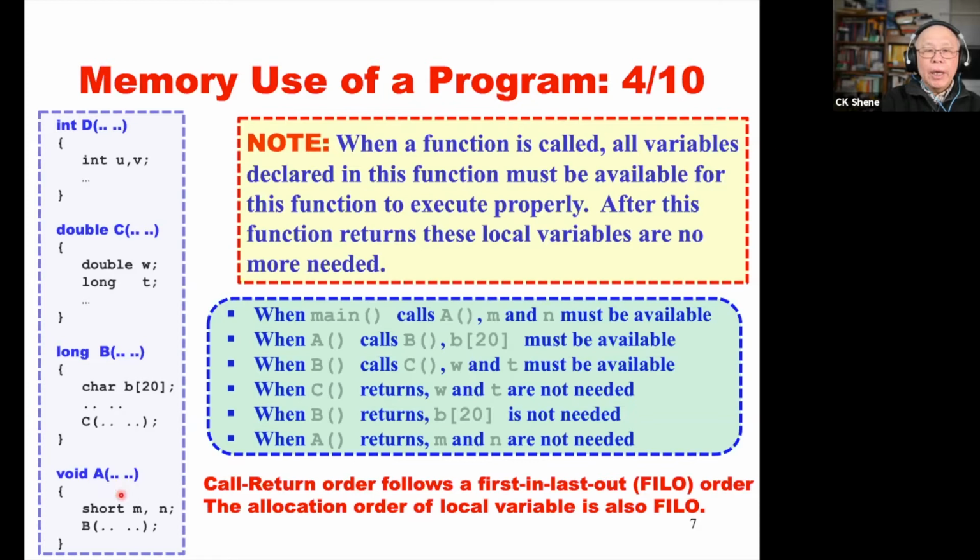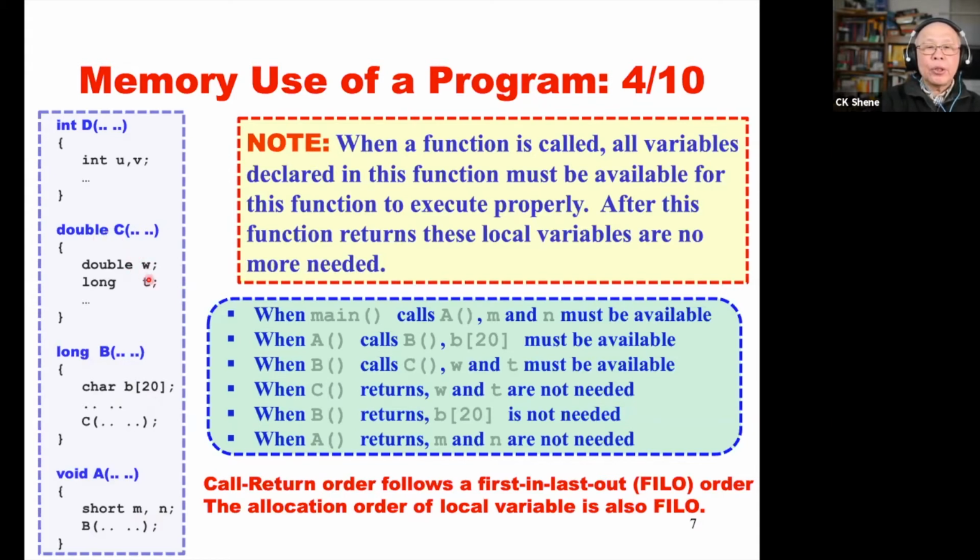Function A has two short variables m and n. In function A, it calls B. Function B is a long function in which we have a local variable character array of 20 characters. And then B calls C. The function C returns a double.